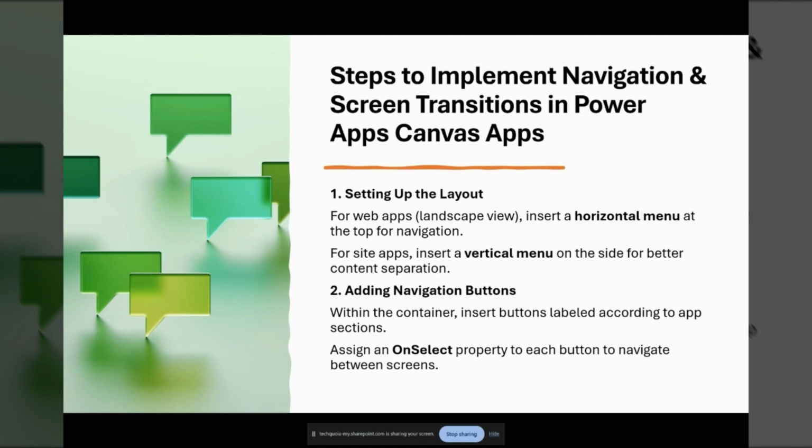Now, adding navigation buttons within the container, we're going to use a container to differentiate the menu. And the reason is, like I told you, containers help to arrange our content. So when we're done with what we want, we just need to copy and paste it on all the screens.